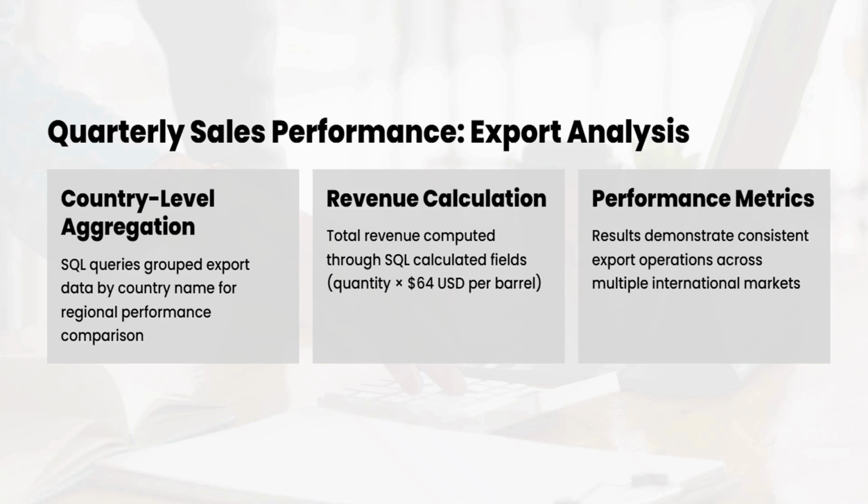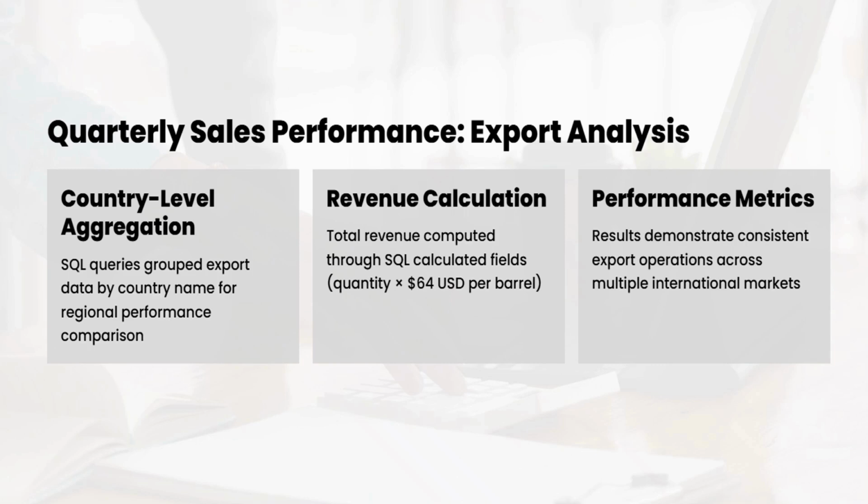In addition, we used aggregate functions like sum to calculate the total quantity of oil exported for each country. This gave us a clearer picture of which regions are contributing the most to overall production output. Another important part of our analysis was revenue calculation.